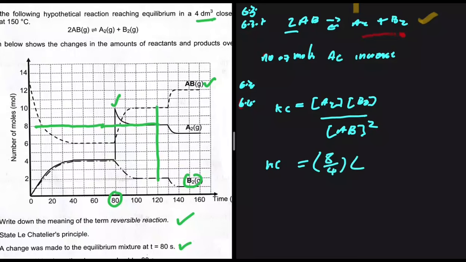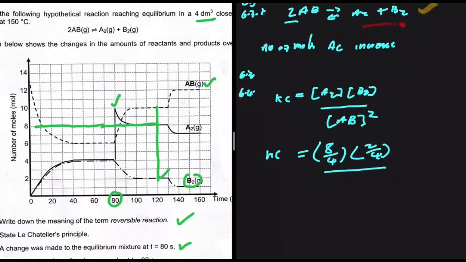Multiplied by the concentration of B2. How many moles do we have? We have 2 moles. So that is going to be 2 divided by 4. Everything divided by the concentration of AB. We have 10 moles of AB at t equals 120. So that's going to be 10 divided by 4, to the power 2, because of the balancing coefficient.